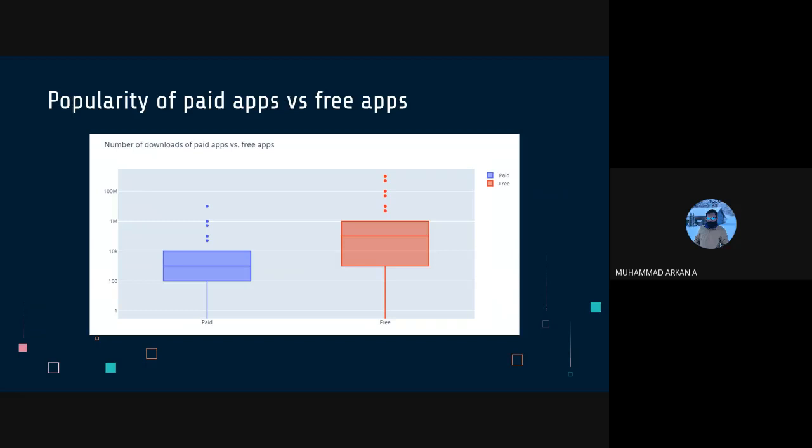As we can see, the blue one is the paid one and the red one is the free one. Of course, the free ones have more downloads than the paid ones, with a median of around 100,000 downloads, while the paid ones are around 1,000 downloads. Next.